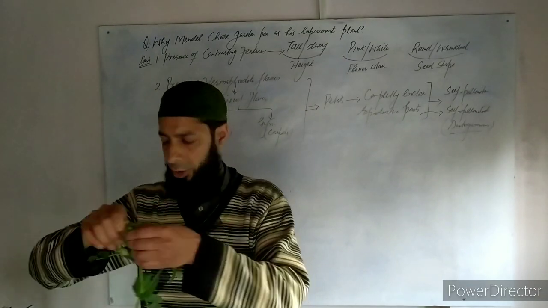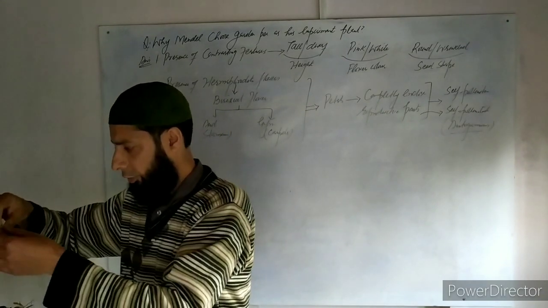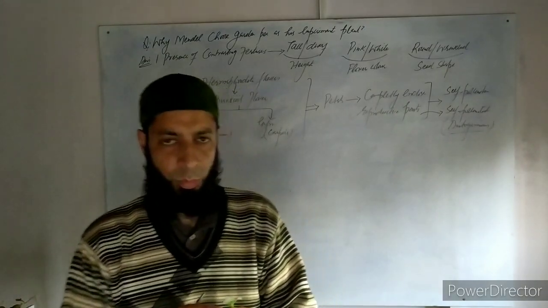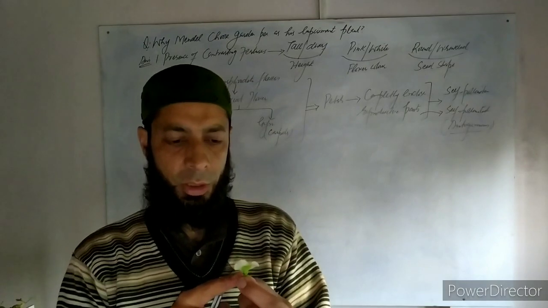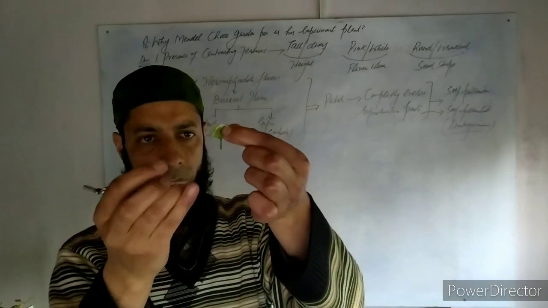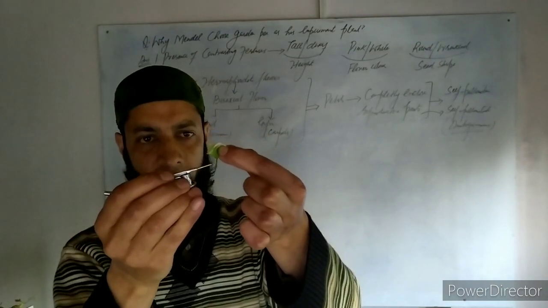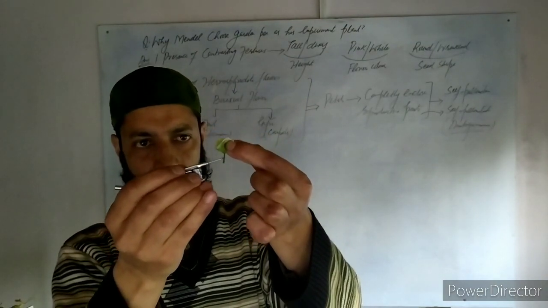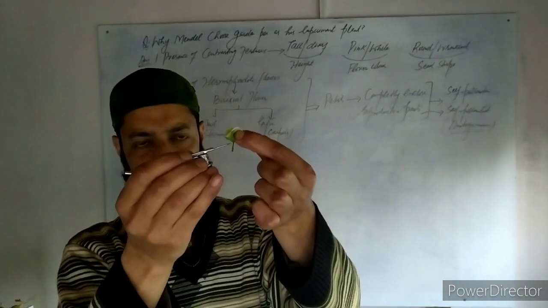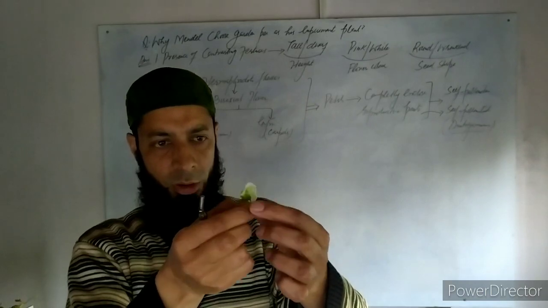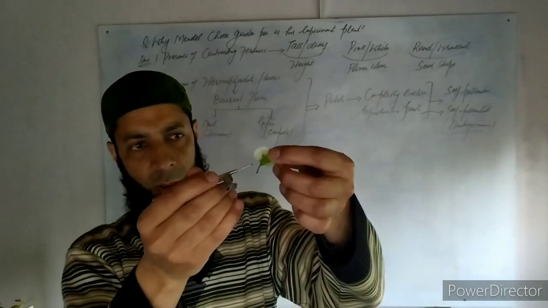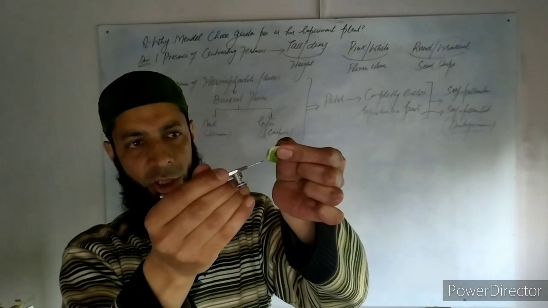For example, this is a flower. In case of pea plant, this flower consists of a stalk. That stalk is called pedicel, and at the top of the stalk you have a flower base that's called thalamus, and the outermost covering of this flower is in the form of green leaf-like structures.